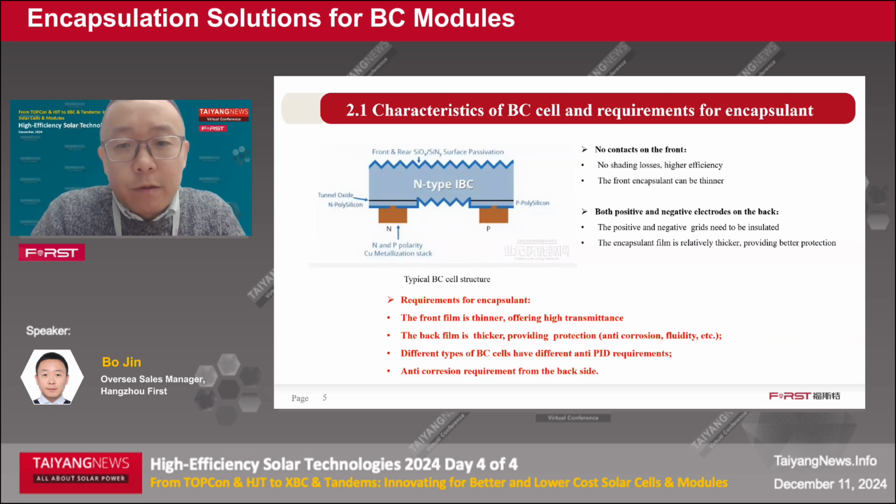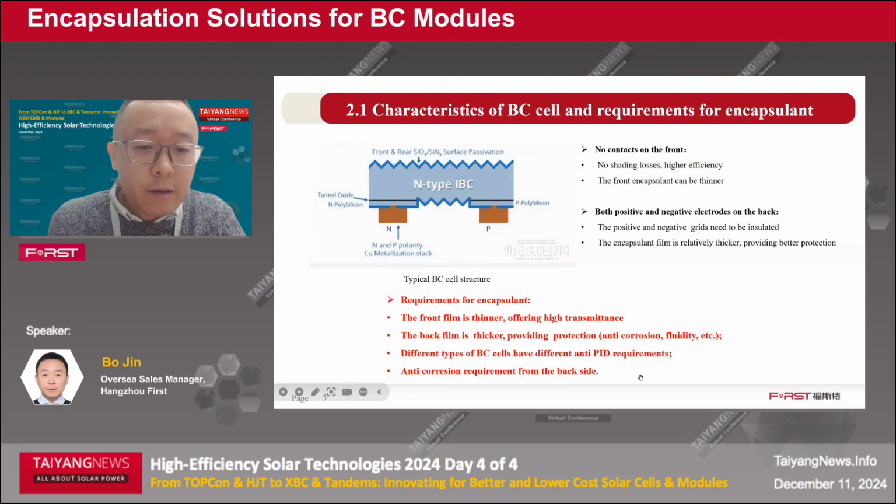And the encapsulant for the backside needs to be thicker and provide better protection. And aside from that, different types of BC cell technology have different anti-PID requirements and also need anti-corrosion properties.